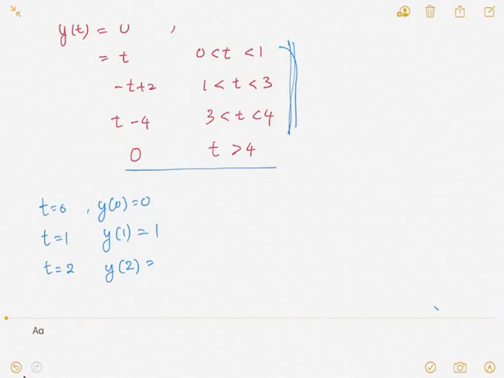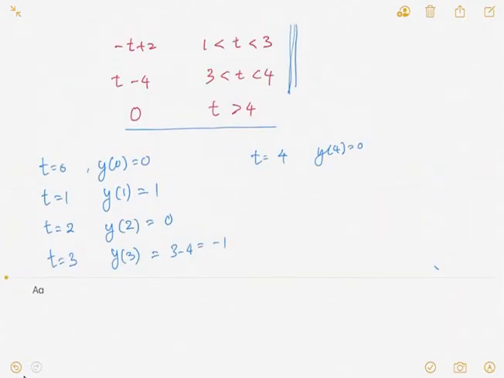negative 2 plus 2, so you get 0 again. And then for t equal to 3, you have y(3) equal to t minus 4. So it's 3 minus 4, you get negative 1. And then for t equal to 4, you get y(4) equal to 0. Okay, so now you can plot.